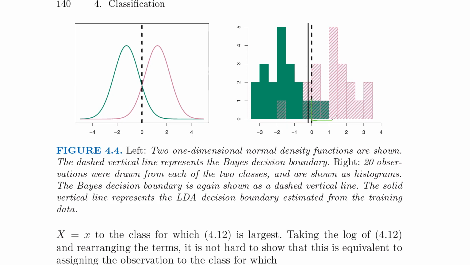These greens are incorrectly classified as pink. But it's getting most of them correct. We're drawing a line that's kind of like a cutoff point. Anything to the left will be classified as green. Anything to the right will be classified as pink.